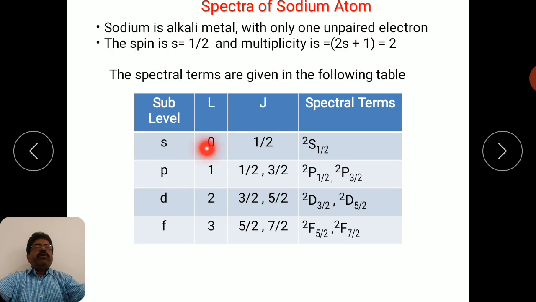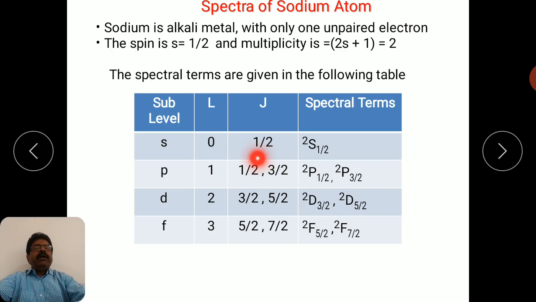These spectral terms are listed in this table. You can see here, for L equal to 0, S is half itself because that last electron has spin half. You can find the J values by using the formula L plus S up to L minus S. L is 0 and S is half, so J is half, only one possible value.